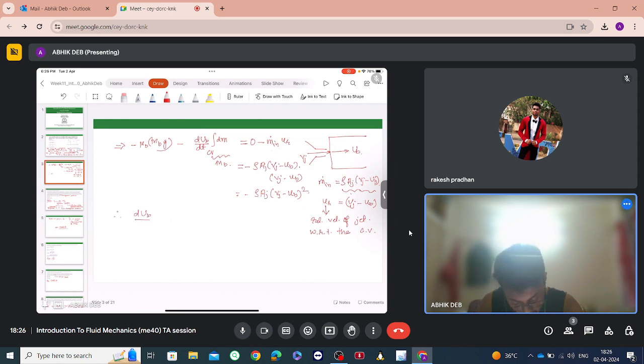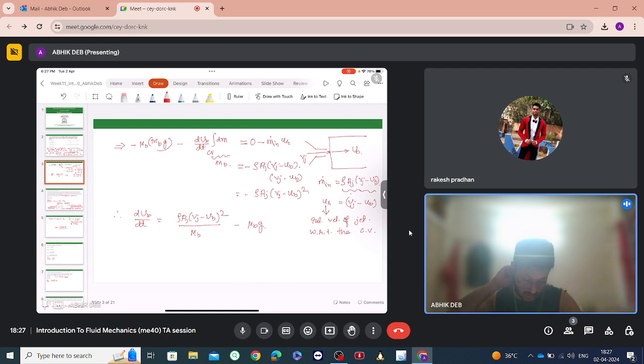Therefore, for dub by dt, we are changing the side, taking this to the left and right hand side. So this will be rho Aj (Vj minus ub) whole square by mb, minus mu g.